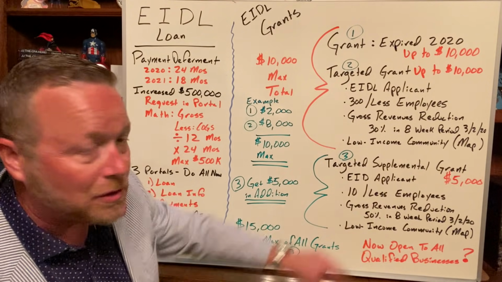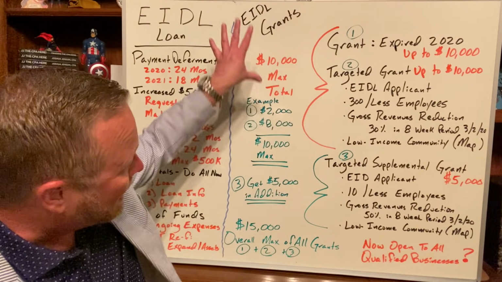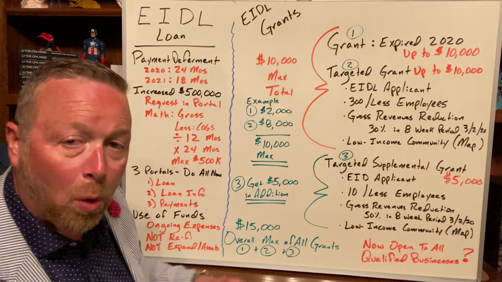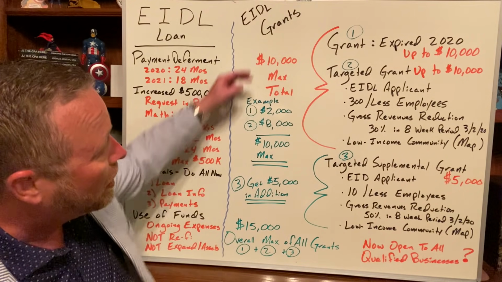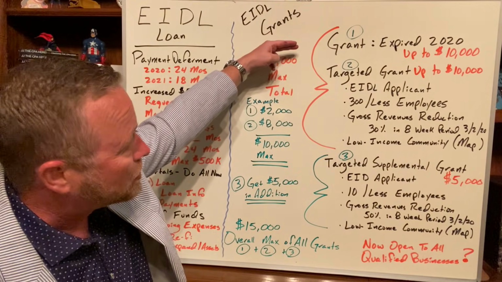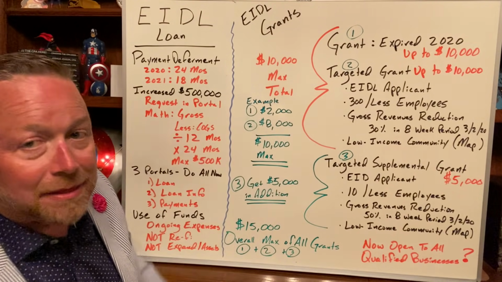Now this one down here is just a flat 5 grand, but when you add it all together, you're only going to get a max of 15,000. So just following my example, if somebody got $2,000 originally, they qualify for that, then they get the $8,000.